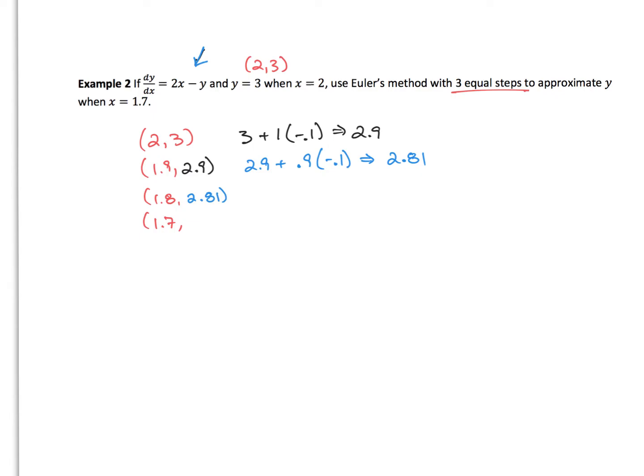So what's my next one? Where do I start out at? 2.81. And then I need a new slope. So 2 times 1.8 is 3.6 minus 2.81. So my new slope is 0.79 times my step of negative 0.1.